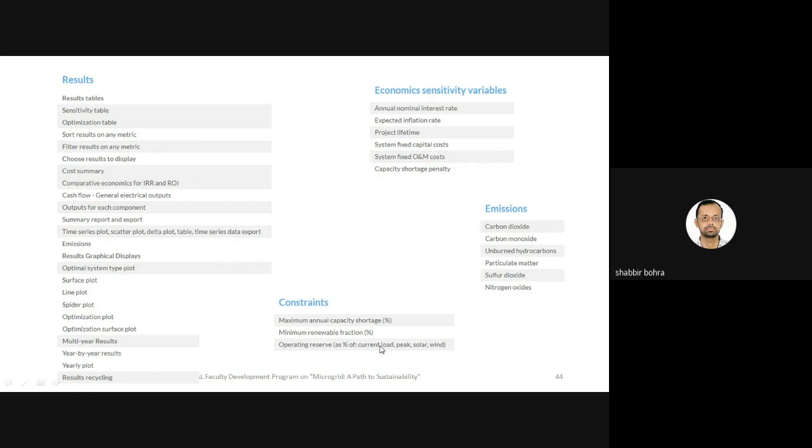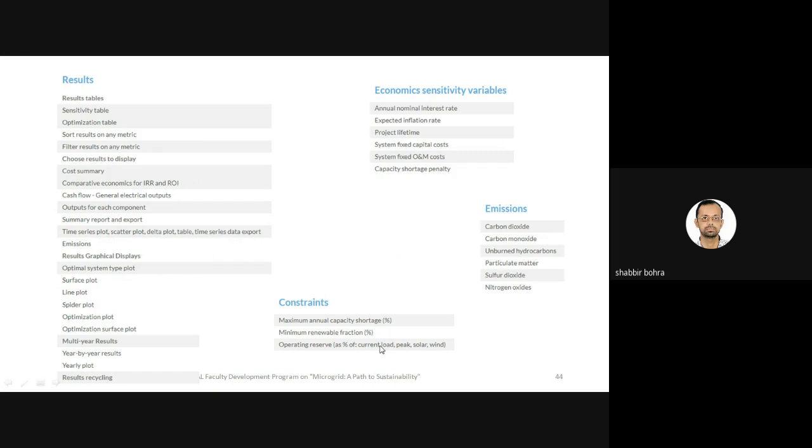It also gives the emission level, what would be the emission for this particular combination or this given system. Optimal system type plot, surface plot, line plot, spider plot, optimization plot, almost every kind of plot that gives a concise idea can be available. Report can also be readily generated.